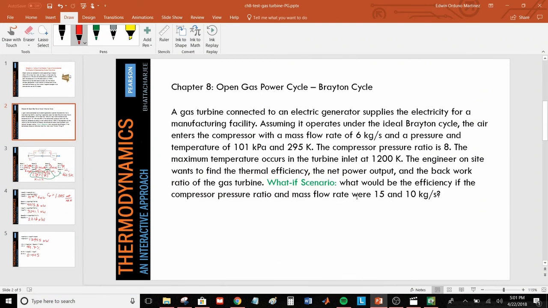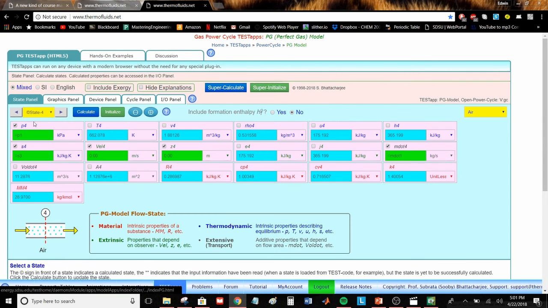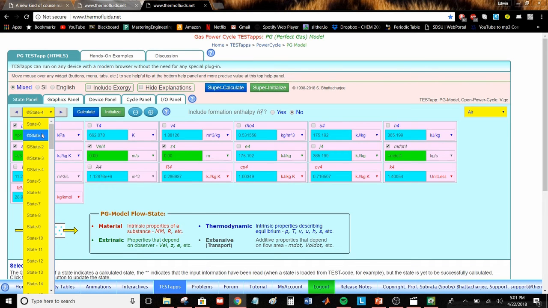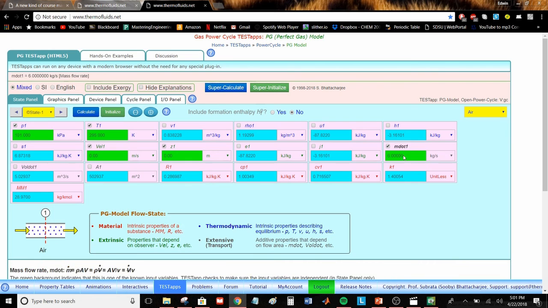Now in the what-if scenario, what would be the efficiency if the compressor pressure ratio and mass flow rate were 15 and 10? We can figure that out using the test app. Going back to state 1, mass flow rate instead of 6, we're going to use 10.